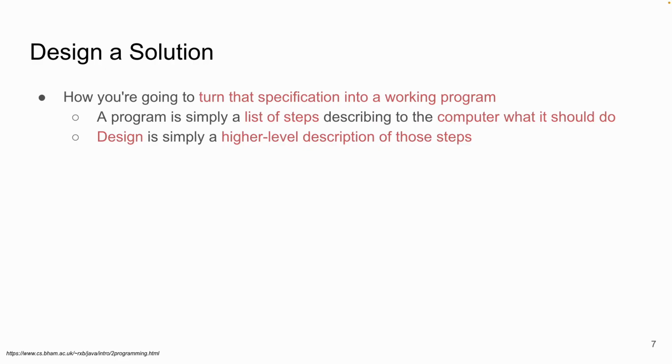So when we design the solution, what we do is design this list of steps, and we need to make sure this list of steps can meet the specification we have.